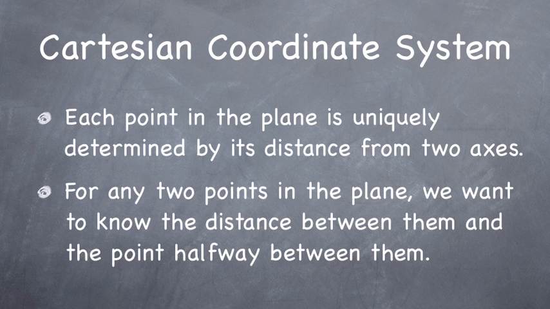Now, folklore goes that this came about when René Descartes was lying in bed and was looking at the ceiling and noticed that when there was a fly on the ceiling, he could uniquely determine where that fly was located by measuring the distance from one wall, and then the distance from the adjacent wall.